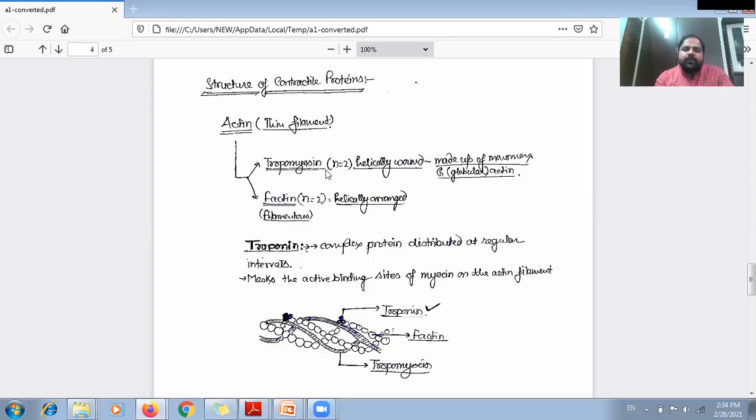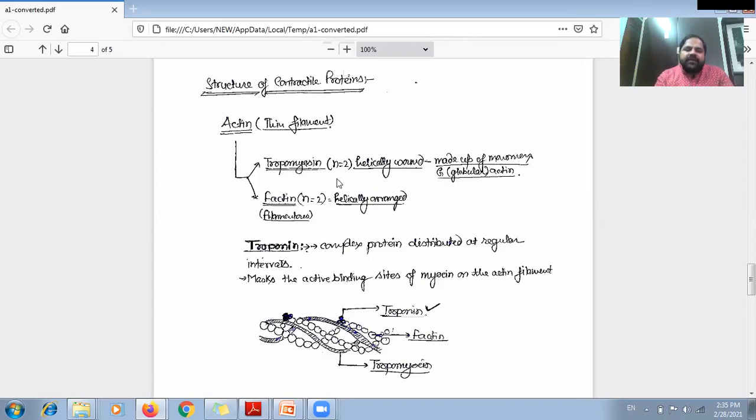Both of the components are rope-like structures and they are helically wound to each other. In case of tropomyosin, as I told, it is present in pair, a helically wound structure, and it is made up of monomers. These monomers are called G-actin. G-actin means globular actin protein.